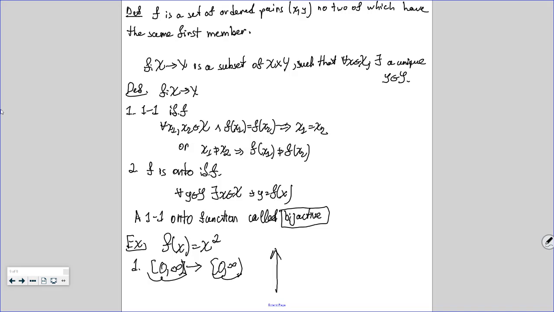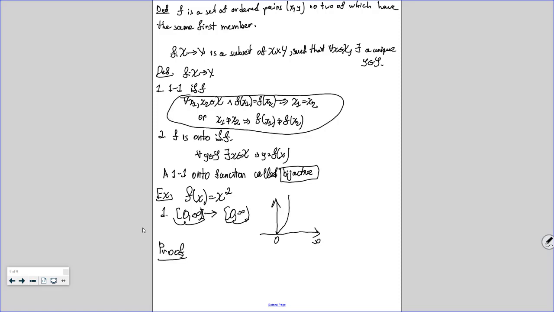If we try to visualize it, x squared is a parabola, and our function looks something like this. Now we want to prove that it's one-to-one. So let's arbitrarily take two points x1 and x2 that belong to 0 to plus infinity, and f(x1) is equal to f(x2). It means x1 squared is equal to x2 squared. So now what we want to show is that x1 is equal to x2.